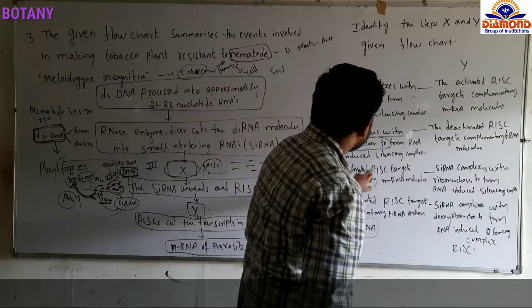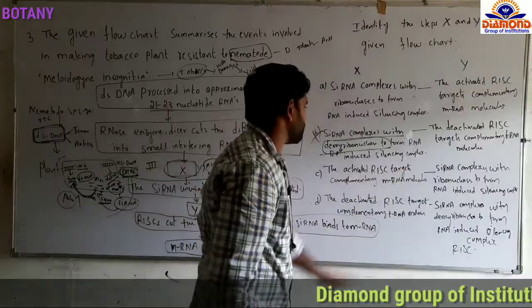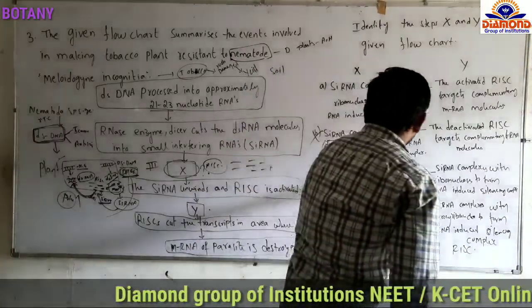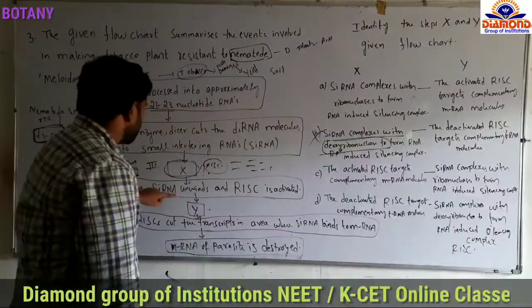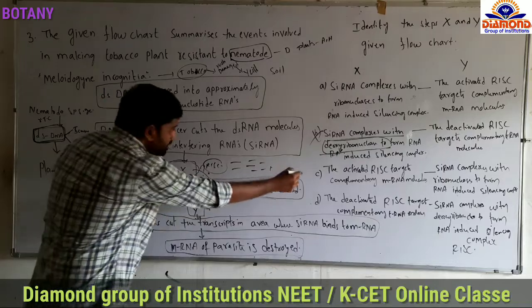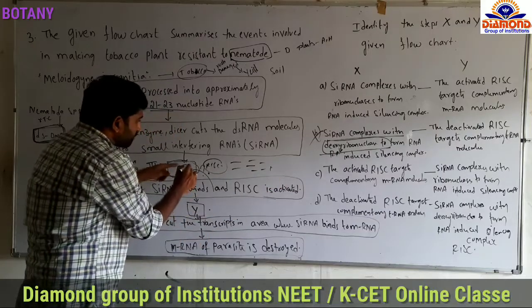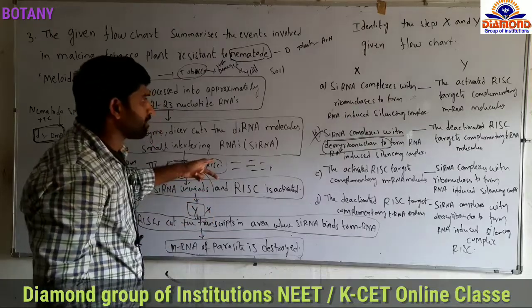And option C, the activated RISC targets complementary mRNA molecules. Here, in the place of X they gave Y, and in the place of Y they gave X. Actually, it should be in reverse order.